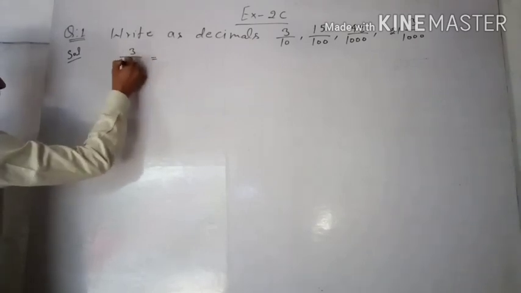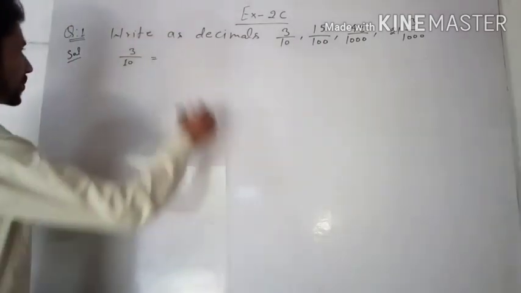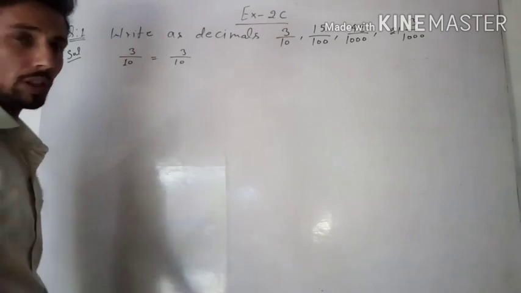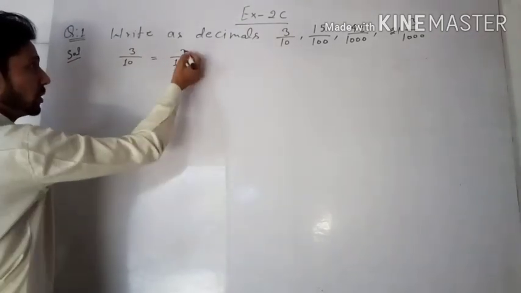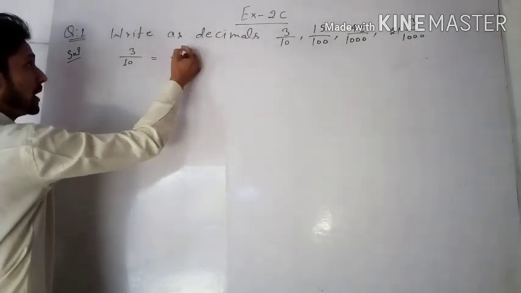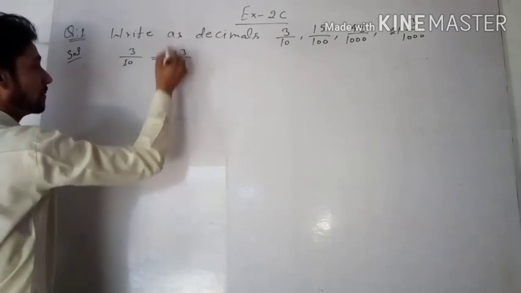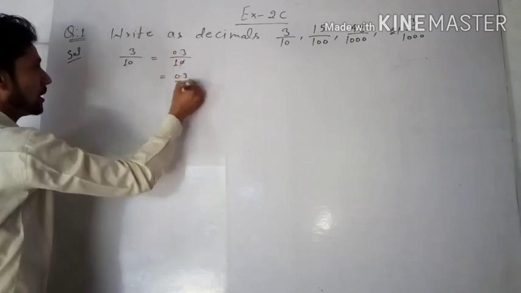So how can we convert a fraction into a decimal? First of all, see the zeros. How many zeros are in the denominator? Only one zero. So count one place in the numerator and put the decimal after that. So 0.3 is your answer.